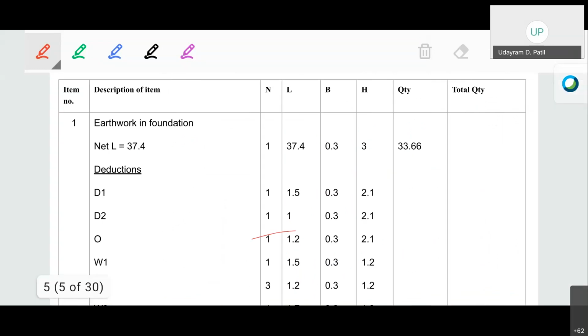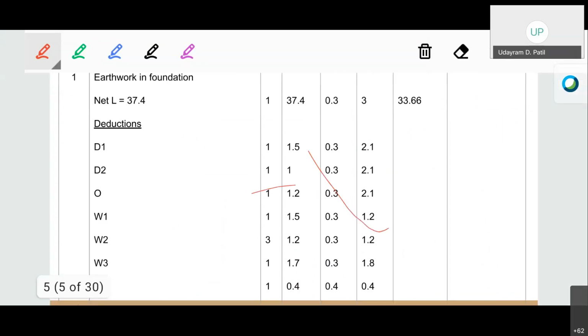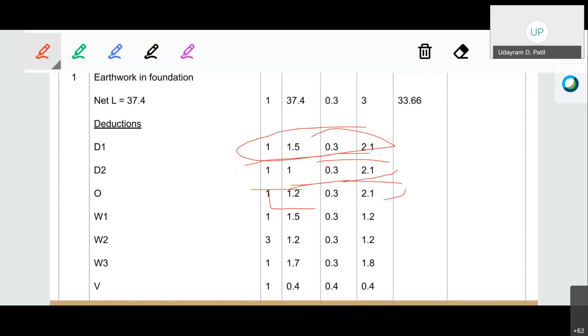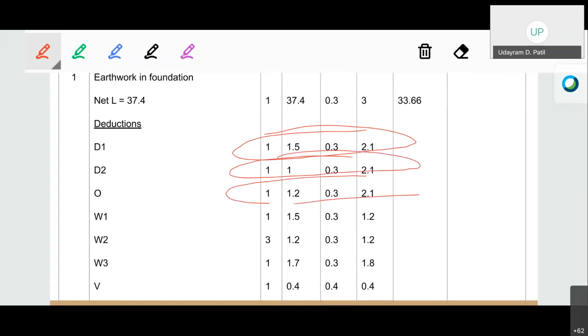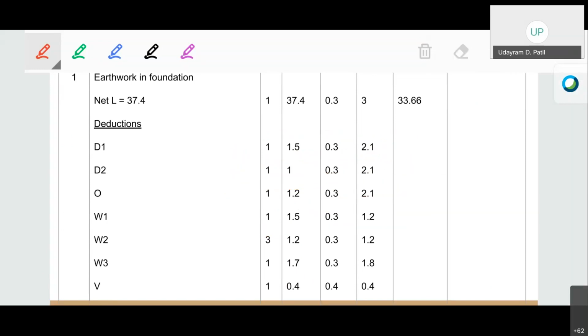So calculating deductions. Calculate deduction and calculate the net quantity of the brickwork.